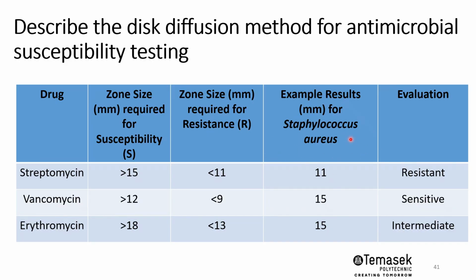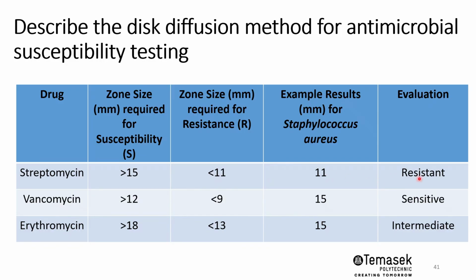If you grow them onto a lawn or a spread plate, and then you dispense the different drugs onto the lawn itself, and then you measure the clearance, and then compare it to the standards, you can see that Staphylococcus aureus is resistant to streptomycin.